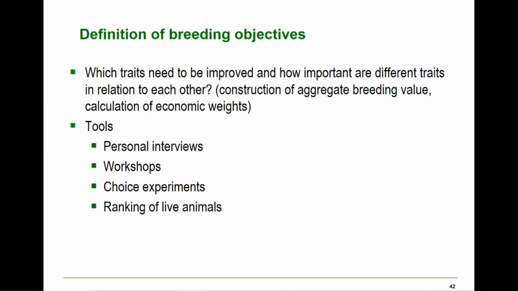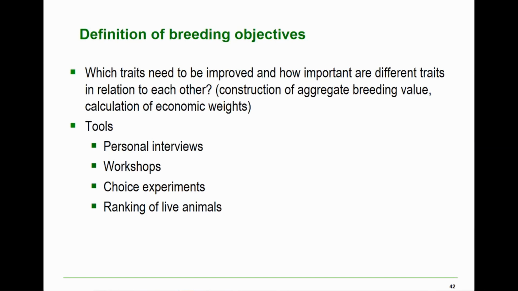But in this case, what we need to do is find the traits that the farmers like, so that the resulting products of the selection at the end will also match their expectations.